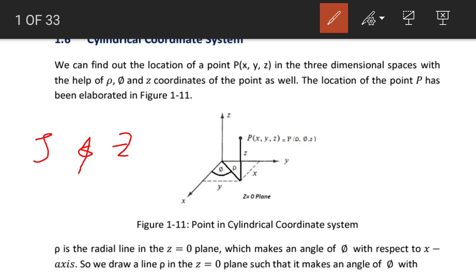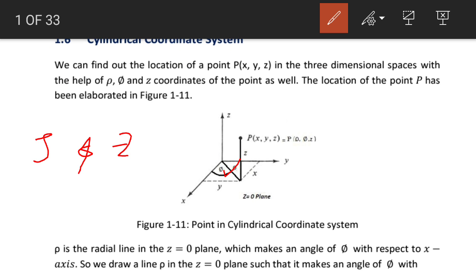First of all, we draw this radial line rho in the z is equal to 0 plane, and this line makes an angle of phi with respect to the x-axis.